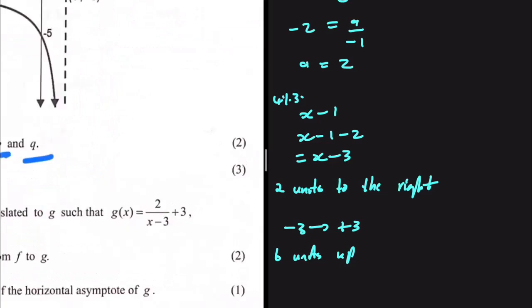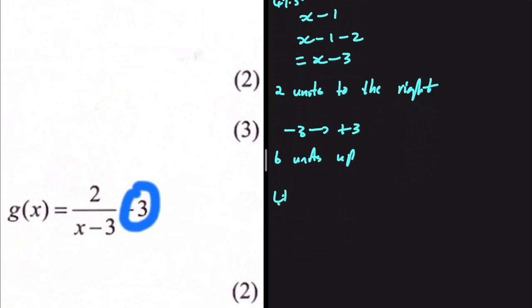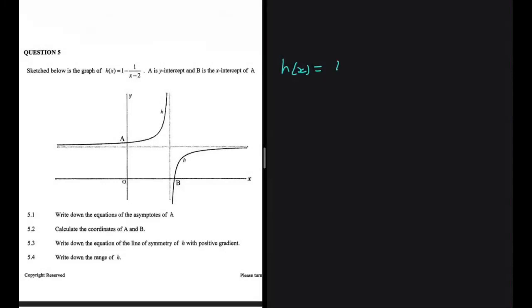The horizontal asymptote is this value here all the time. So for 4.1.4, we can easily say that y is equal to 3. Is equal to 1 minus 1 divided by x minus 2.